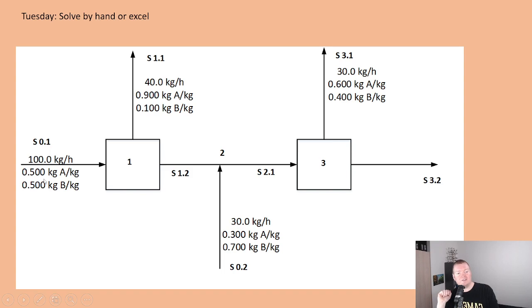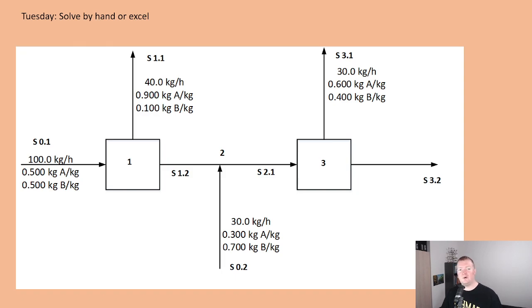I can try and do it. I just need a calculator to remember. So for instance, we're sending in 50 kilograms of A, and then we're removing in the top stream, so in the stream here, we're removing 36, so 90% of the 40. So that must leave us with, wait, what did I say?